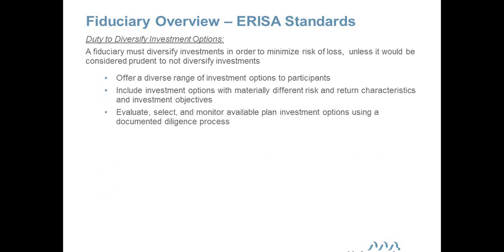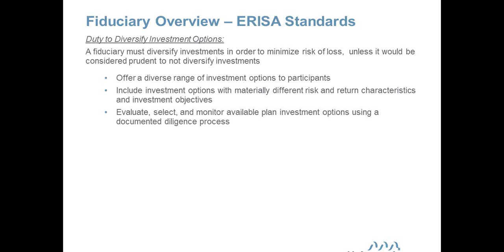So there's also a duty to diversify investment options. You want to offer a broad range of options to participants. Those options should have different risk and return characteristics depending on what your participants are looking for. Some might be looking for something lower risk and are willing to accept a lower return.